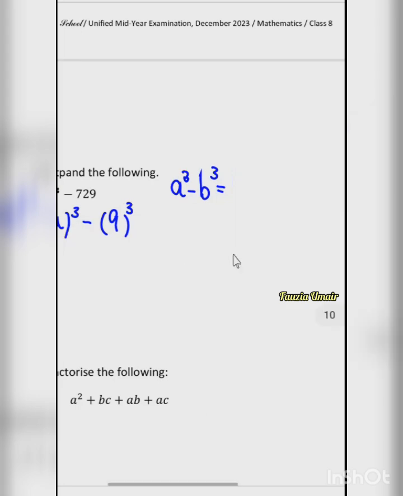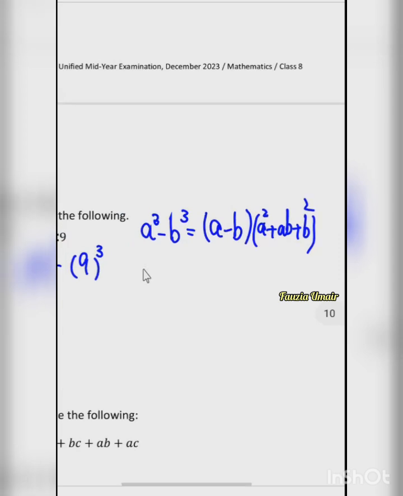Let me explain this formula to you. So a cube minus b cube is a minus b, the same sign, all right? And then multiplied with a square plus b square plus, instead of 2ab, it's just ab. So the interesting thing is that if there is a negative sign here, this ab term will be positive.